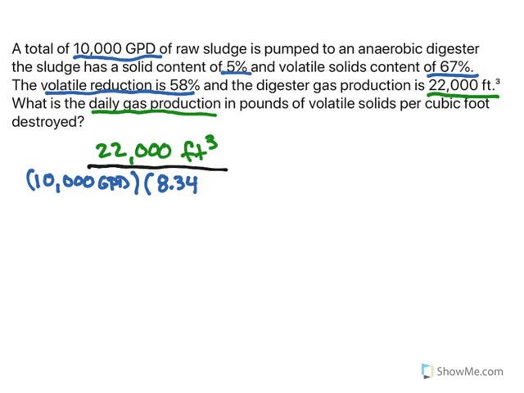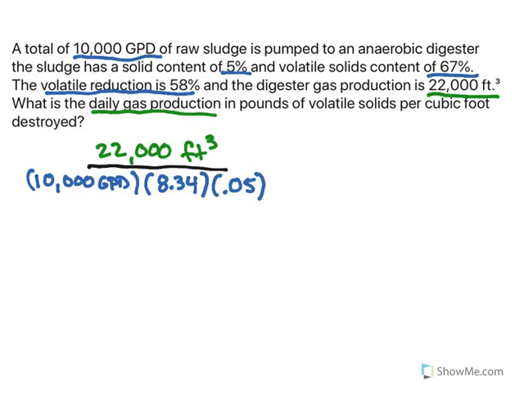So most of the time in practical application, you're going to add a specific gravity component to this equation, but we're not doing it here in the homework because that's not how they set the problems up. So 10,000 gallons per day times 8.34 pounds per gallon gives us the total pounds of sludge. Next we multiply, excuse me, I'm trying not to get my math terminology messed up here.